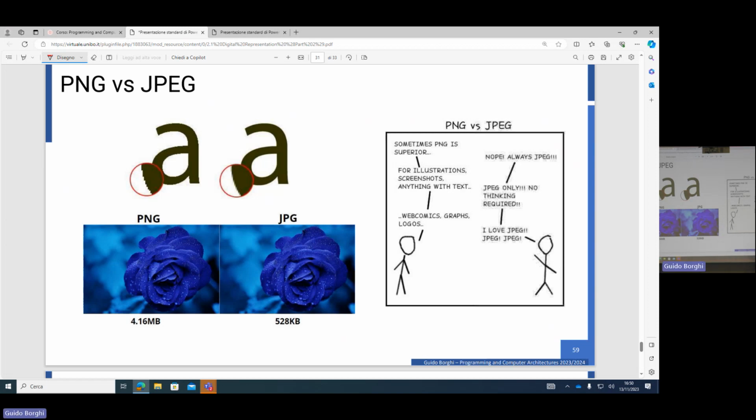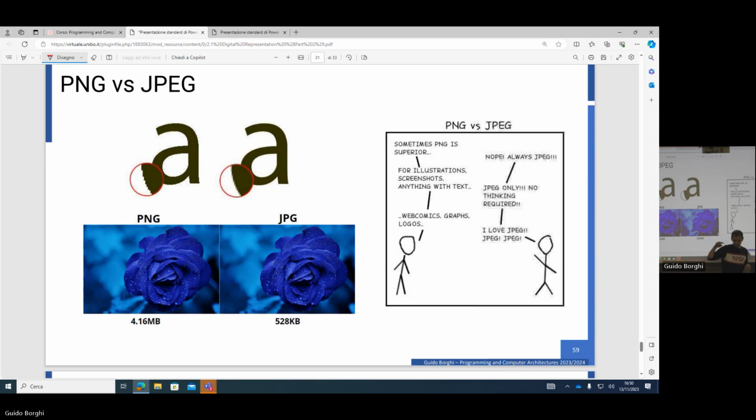As you can see here, in the comparison, you cannot see any differences between these two images. They seem the same image, but in the first case, we are using the PNG format, and the dimension of this image is around 4 megabytes.